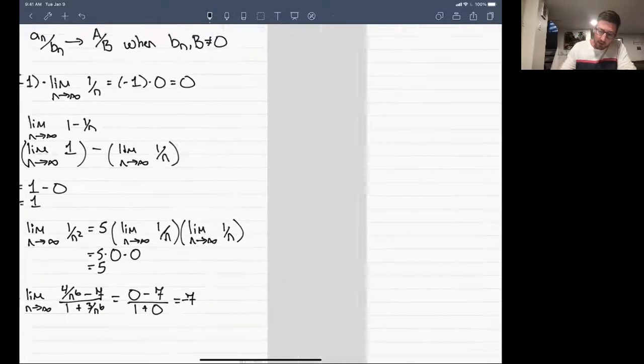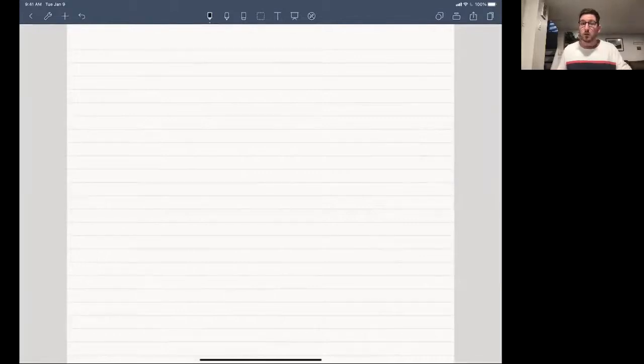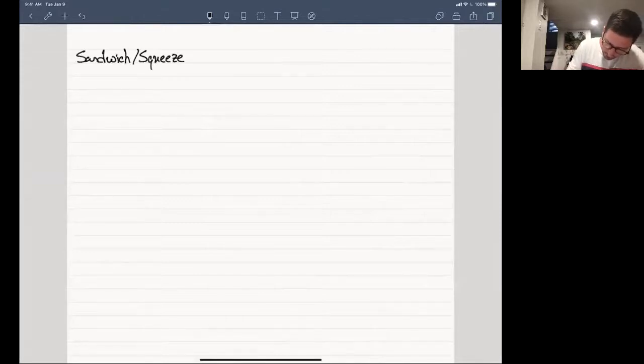Okay, so then you are probably familiar with the squeeze theorem, sometimes called the sandwich theorem. So let me write it down. We have a version of it for sequences as well that we can use. So some people call this the sandwich theorem. I have been introduced to it as the squeeze theorem.